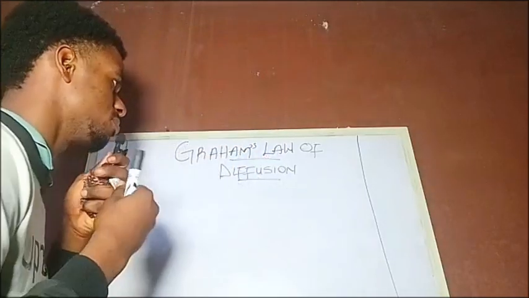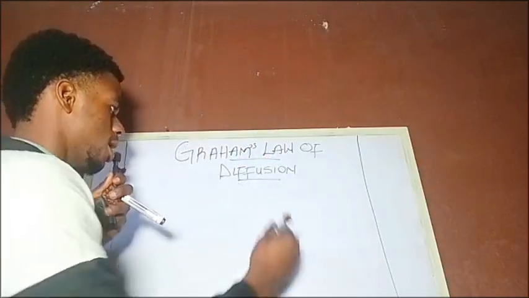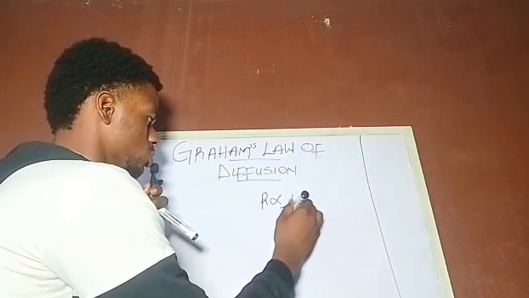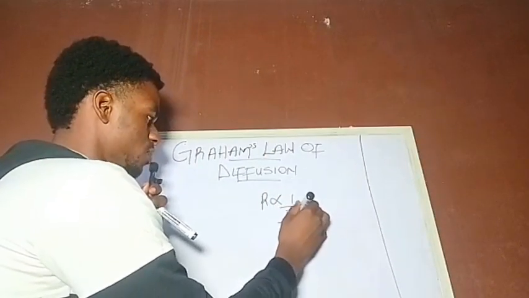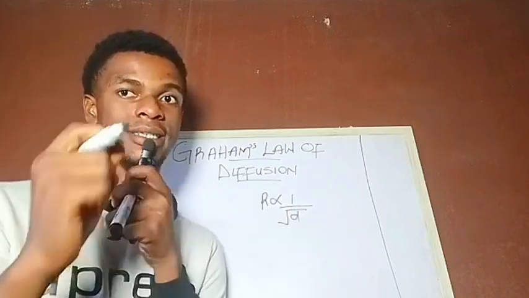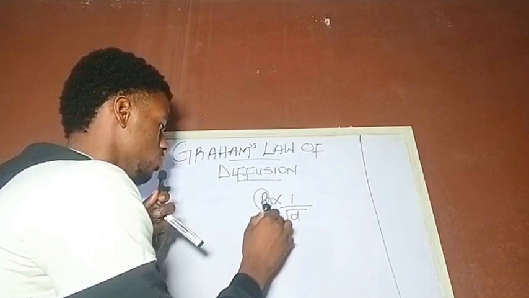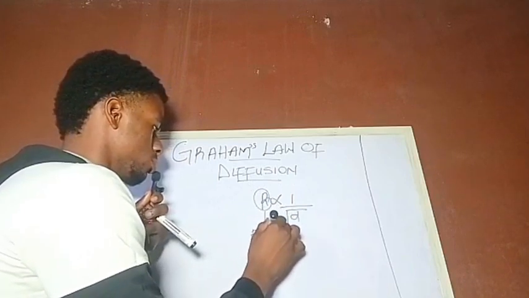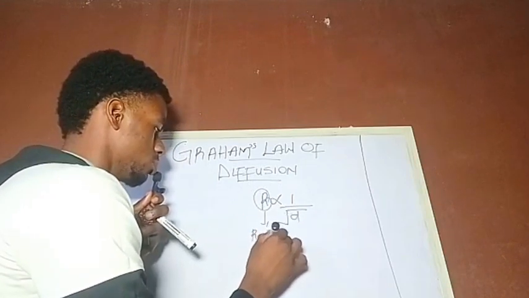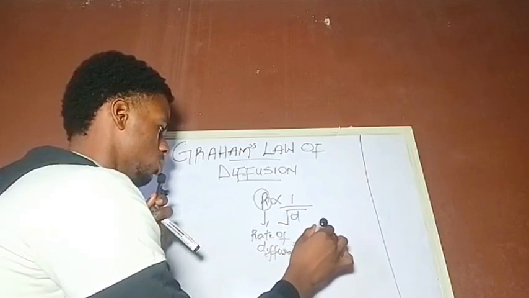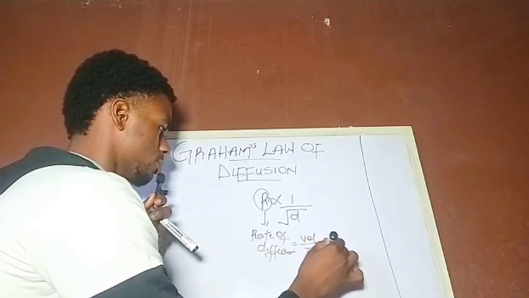So, it is written mathematically as R is inversely proportional to the square root of its vapor density. That is the D. So now, this R is known as our rate of diffusion, and it is volume over time.